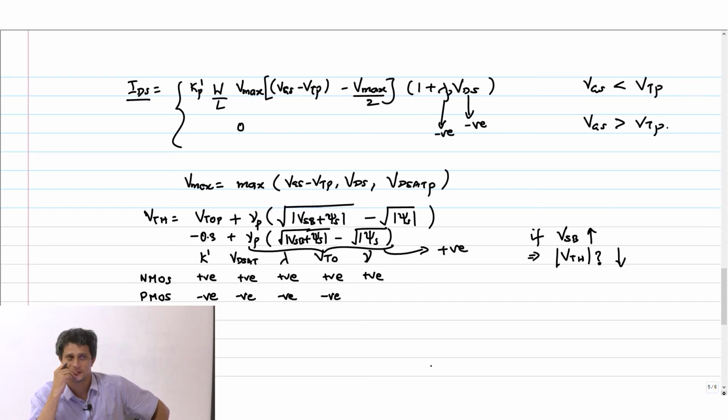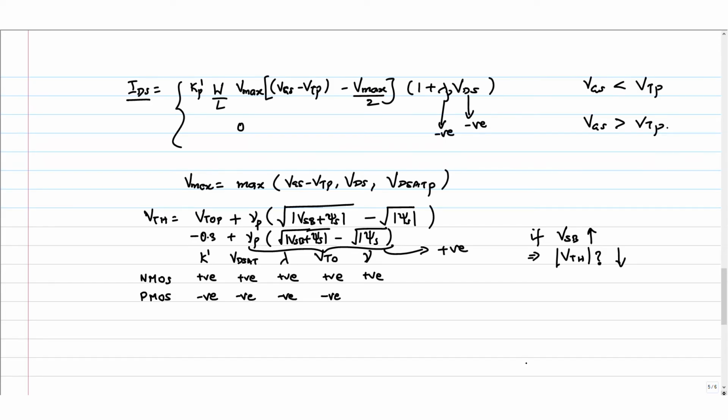Yeah? Why? That is the catch here, right? It may appear, for example, that if VSB goes up, root of mod of VSB plus psi s also goes up. That's not true, because psi s itself is a negative value.